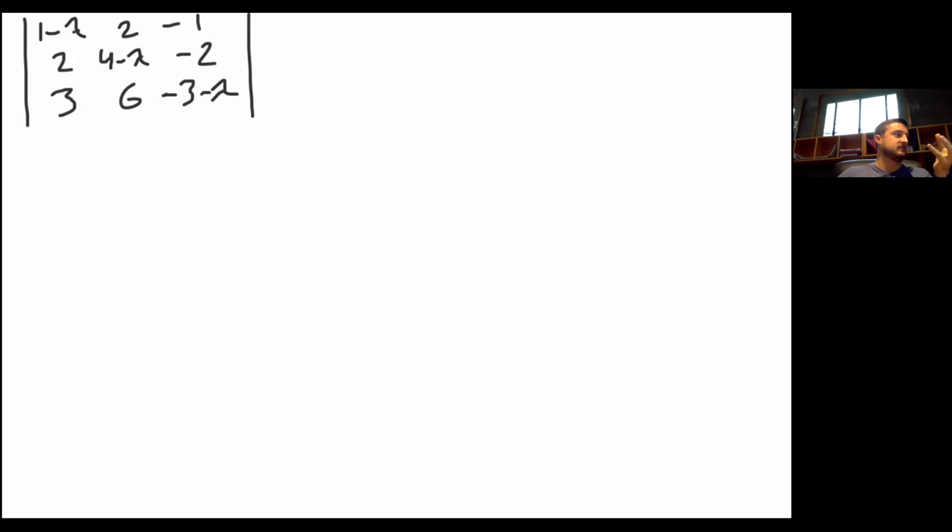You should have taken some of the time to go out and do this, but just for brevity's sake, I get to shortcut this and just go straight to the characteristic polynomial, which would have been negative lambda squared times lambda minus 2.